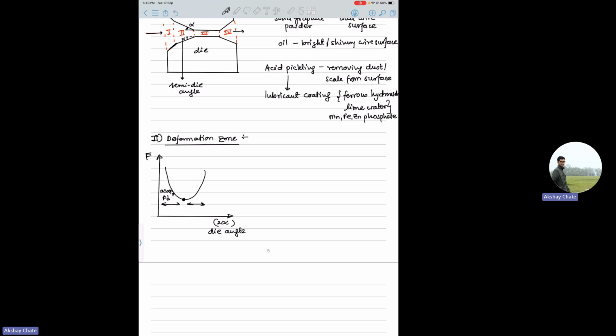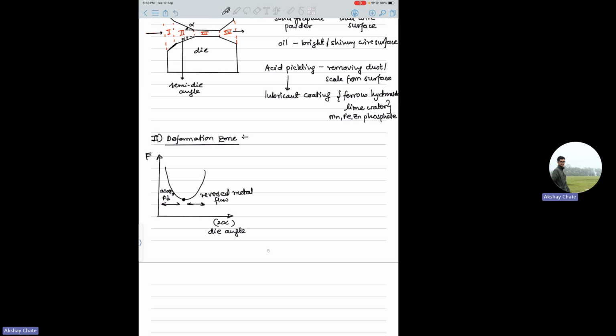There is reversed metal flow, because you can imagine, if there is like a 90 degree angle, a very small amount of material will go in, and most of it will be sent back because of the reaction from the die. So there is some optimum value, and that is also sometimes asked. And what is the optimum value? It depends on the material being deformed, etc.